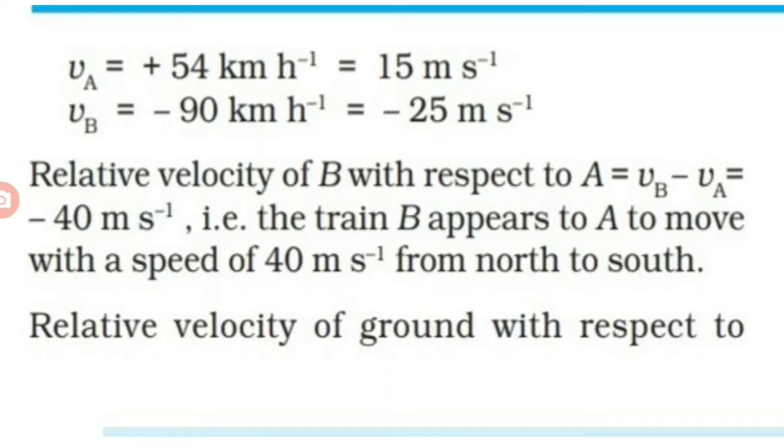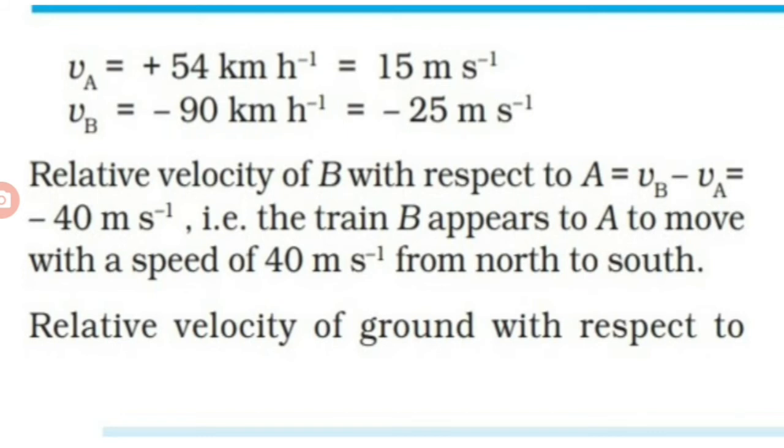First of all, we will have VA equal to 54 km per hour, which is converted to meter per second. You know how to convert kilometer per hour to meter per second. You have to multiply it with 5 by 18. 1 kilometer per hour is equal to 5 by 18 meter per second.